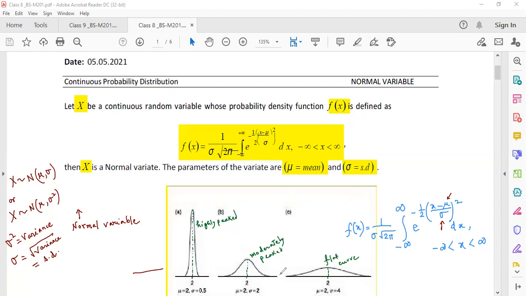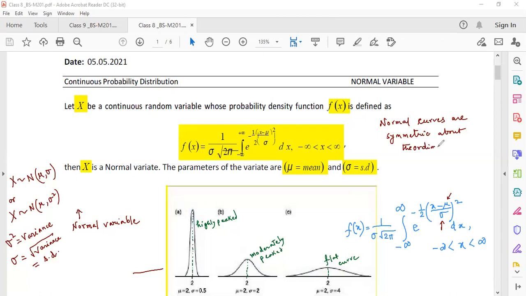Okay, so from this particular example, we can immediately point out that normal curves may be highly peaked, may be moderately peaked, may be flat curve, but they are symmetric about the ordinate.